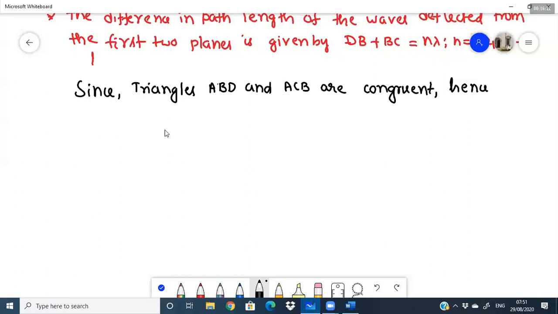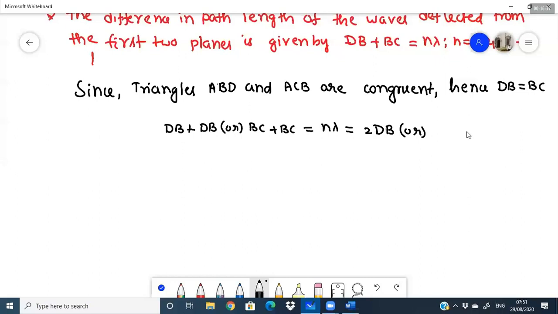Then DB plus DB, or BC plus BC, equal to n lambda, is equal to 2DB or 2BC, which is equal to the path difference.